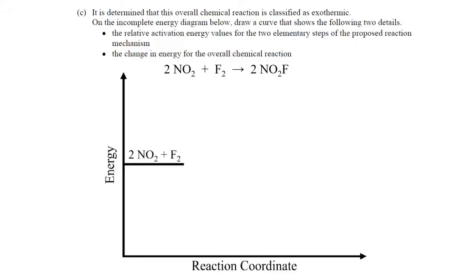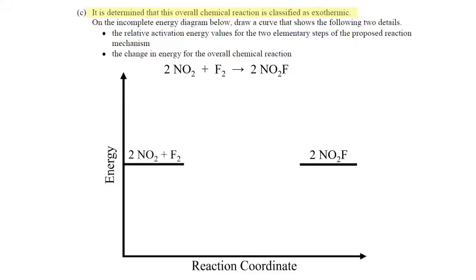Now they've already drawn a horizontal line showing the relative energy of the reactants. The relative energy of the products we know is going to be either higher or lower than the reactants based on whether it's endothermic or exothermic. So they tell us that it has been determined that this reaction is exothermic.